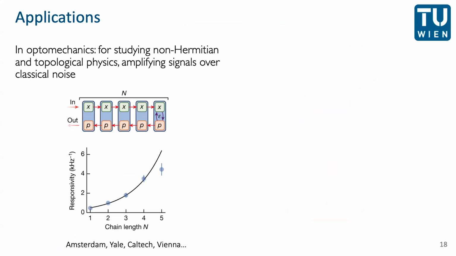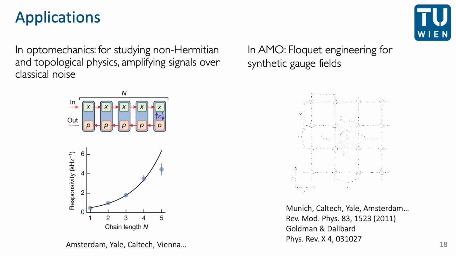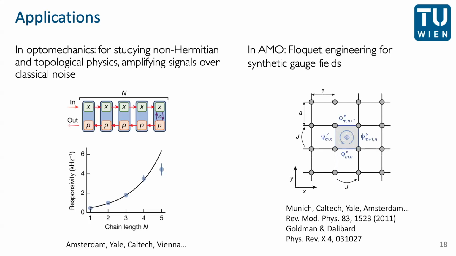So they're able to sense this small perturbation epsilon that you see there, exponentially increasing sensitivity as they increase the chain length over the classical noise. Of course, you also amplify quantum noise, but if it's the classical noise limiting you in your experiment, you can win.